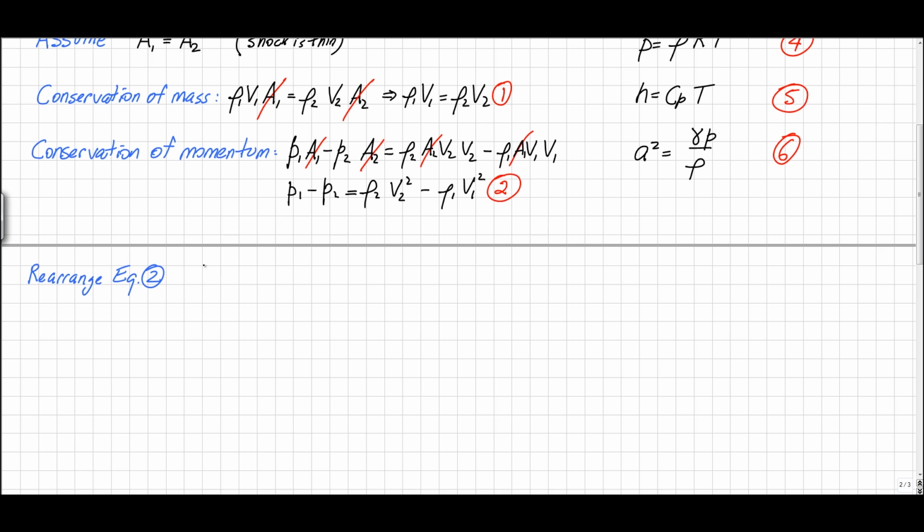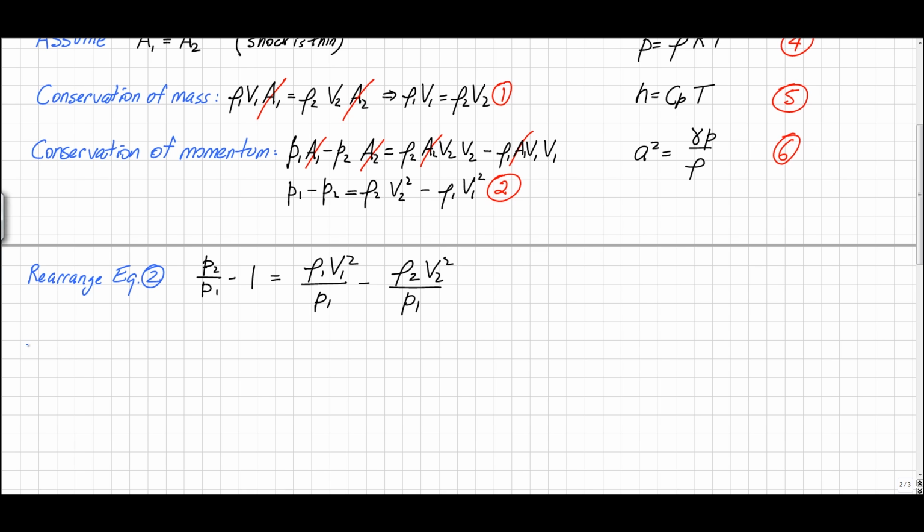So we get P2 over P1 minus 1 is equal to rho 1 V1 squared over P1 minus rho 2 V2 squared over P1.